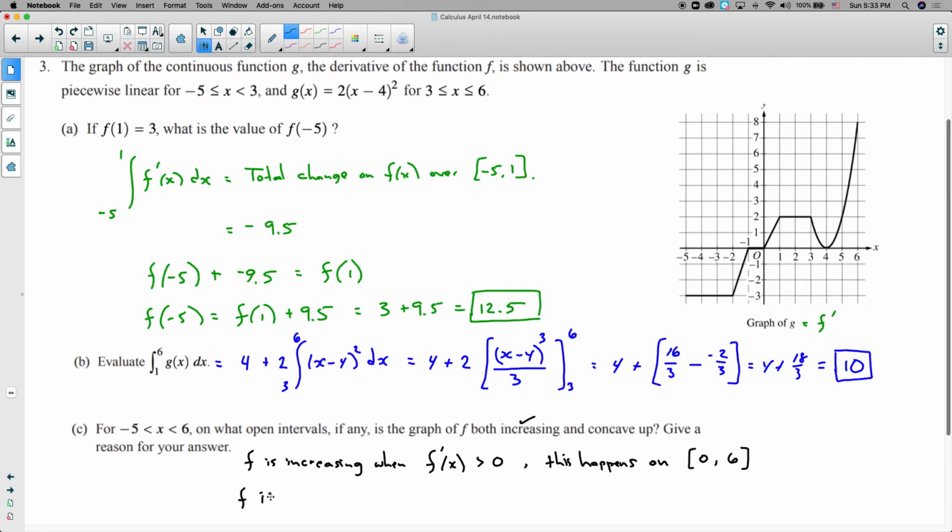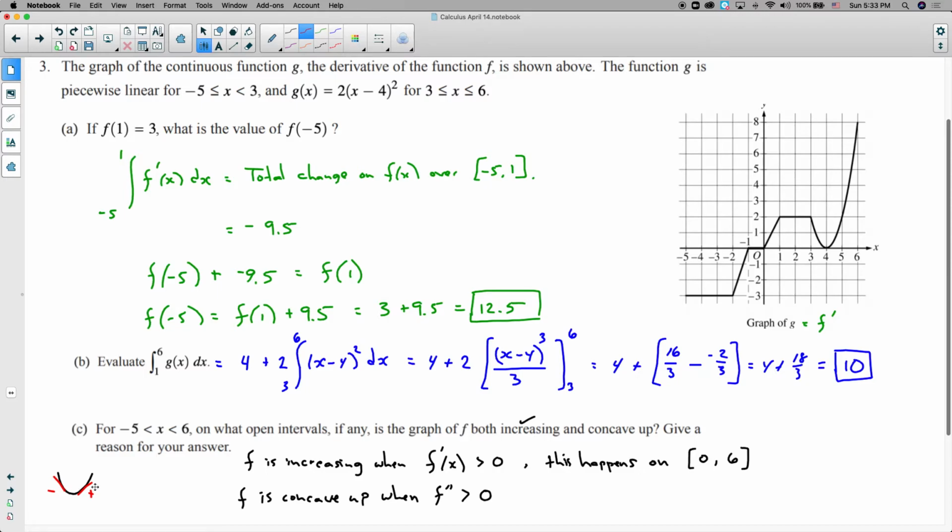So f is concave up when f double prime is greater than 0. Maybe it's been a little while, so let's remember what's going on with that idea. Concave up: you can consider the slopes on each side, and they went from negative to positive. The rate at which the rate of change is happening is a positive thing.